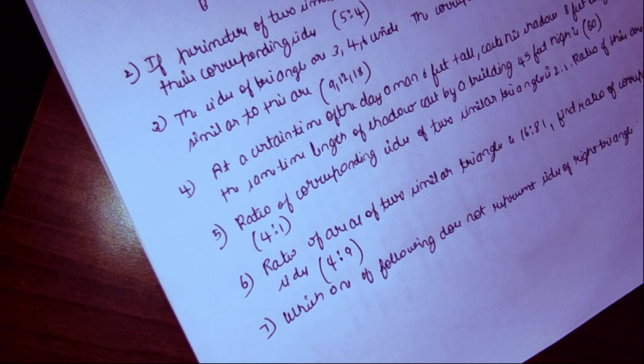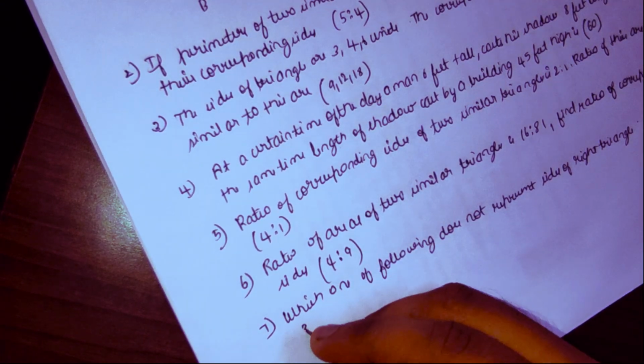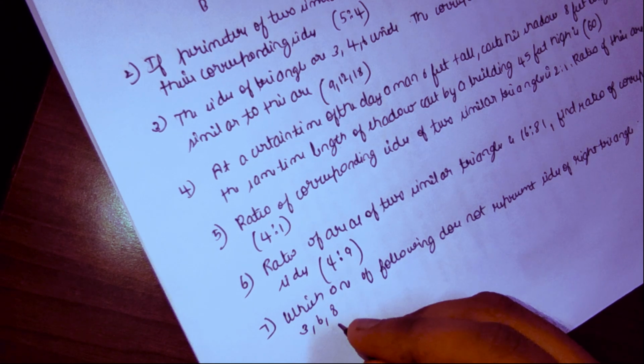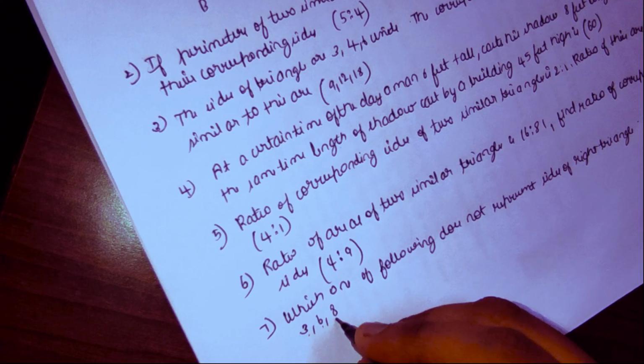If you cannot apply Pythagoras theorem to any of them, then those three sides are the ones which do not represent the sides of a right triangle. The answer here is 3, 6 and 8 centimeter. You cannot apply Pythagoras theorem here. This is 9, this is 36 and this is 64. Square of this.